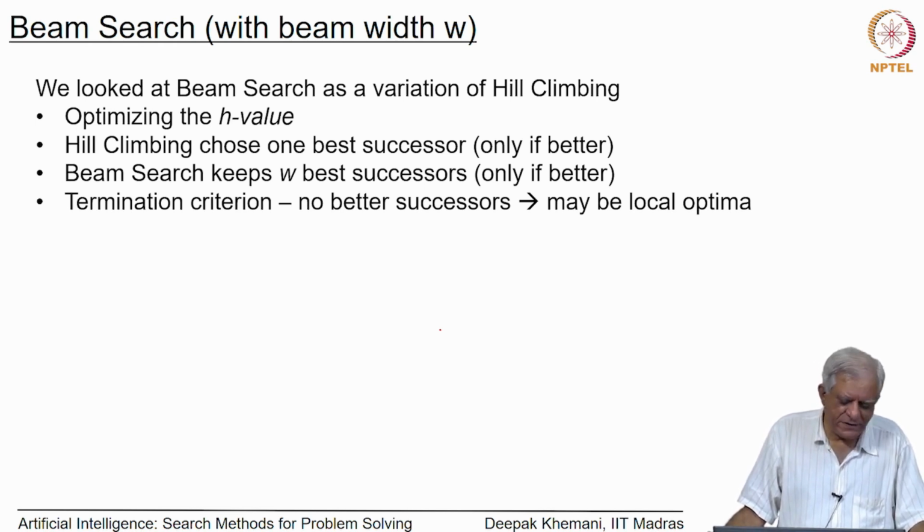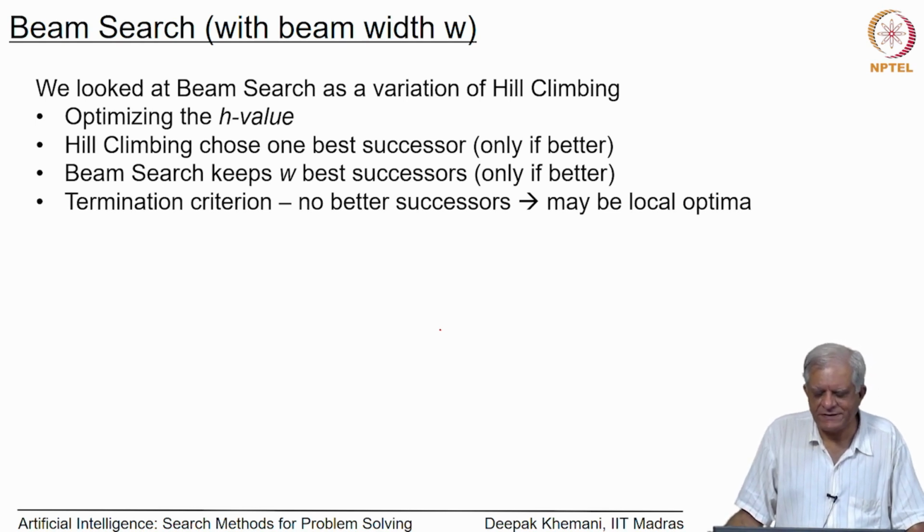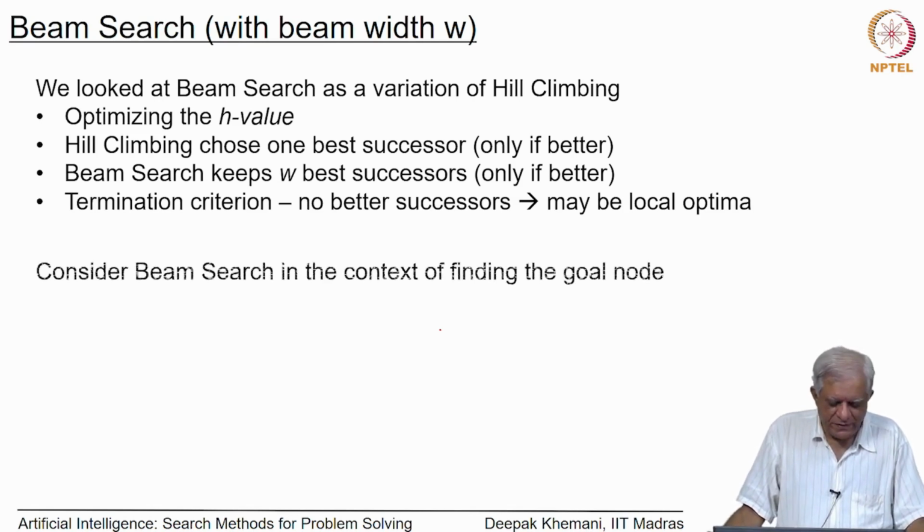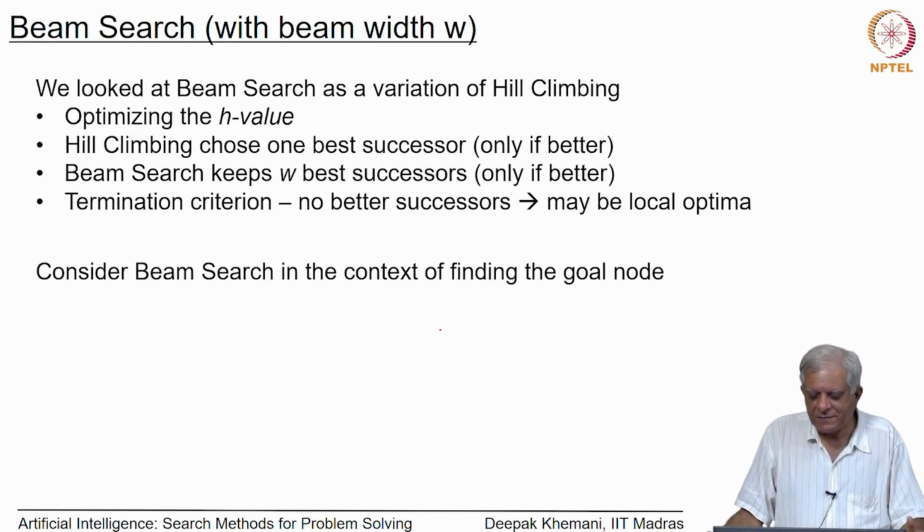But now let us look at how we can adapt this idea of beam search. The basic idea of beam search is that at every level, as you go deeper into the search tree, you keep only a fixed number of nodes, and that is called the beam width, and let w be the beam width in this case. So, when we consider beam search in the context of finding the goal node, that is our goal in the A star algorithm, to find a path to the goal node.